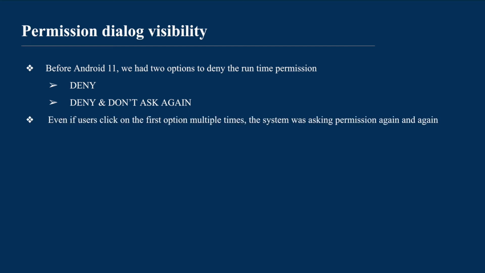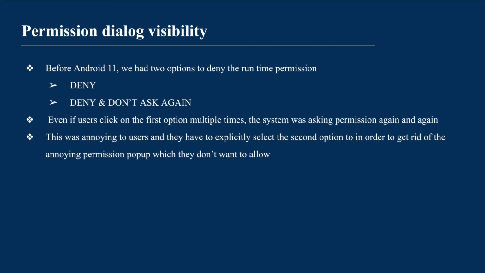Even if the user clicks on the deny option multiple times, the system was asking again and again for the permission. This was annoying to users and they had to explicitly select the second option in order to get rid of the annoying permission pop-up which they don't want to allow.